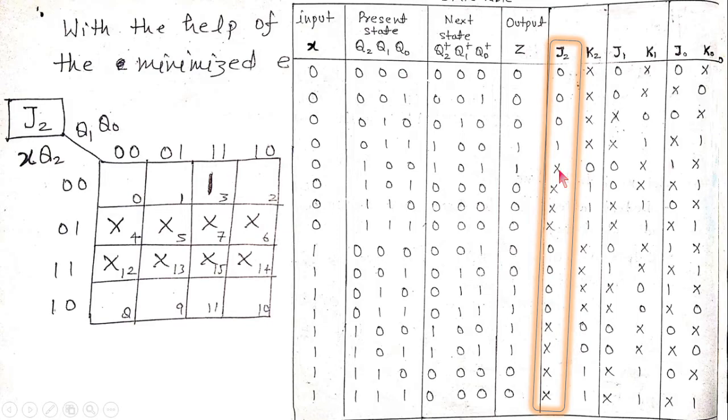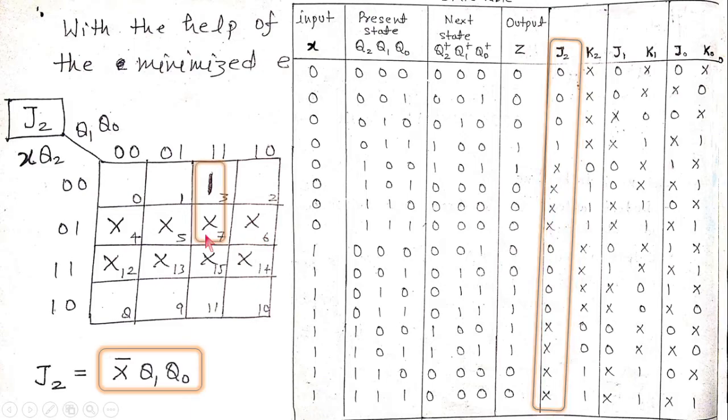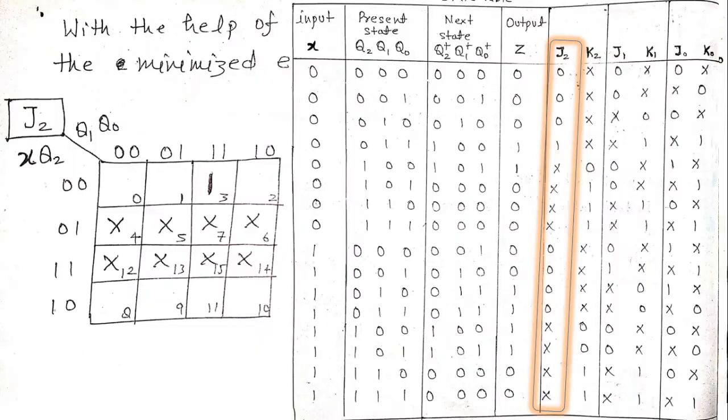Similarly don't care is at 4 5 6 7. Again at 12 13 14 and 15. We have filled this K map.